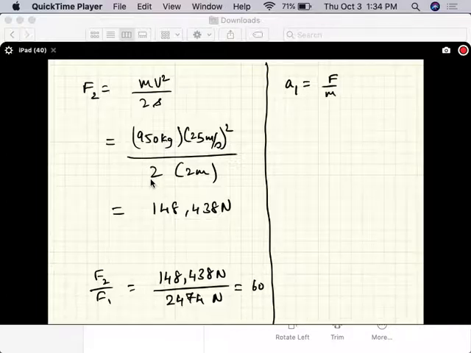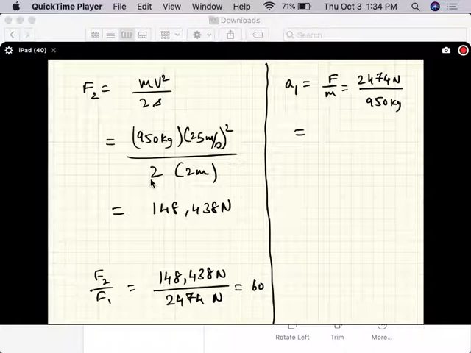Okay, and that's 2.6 meters per second squared.